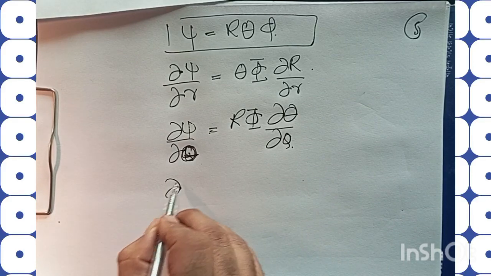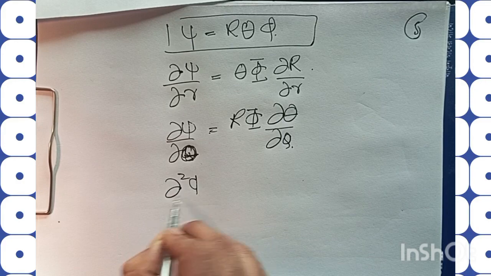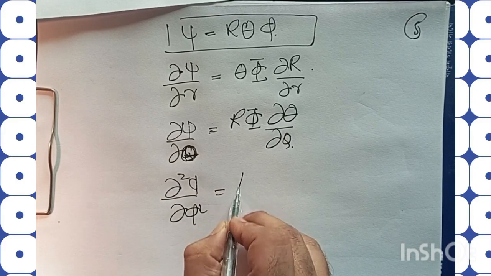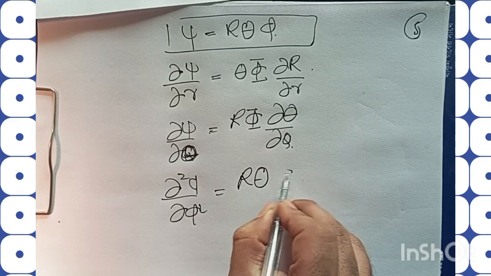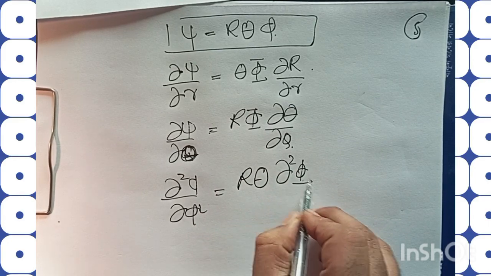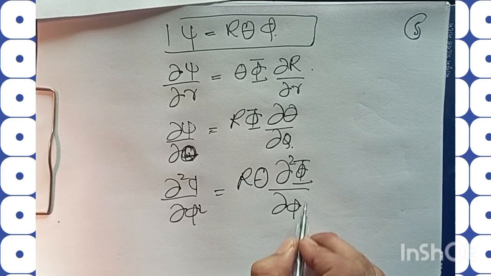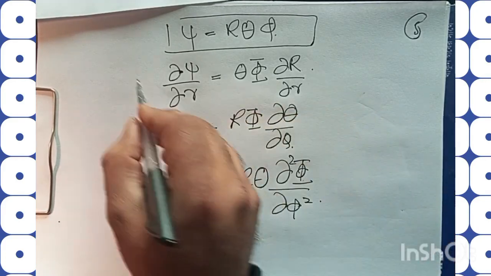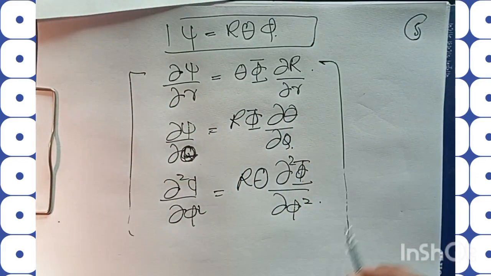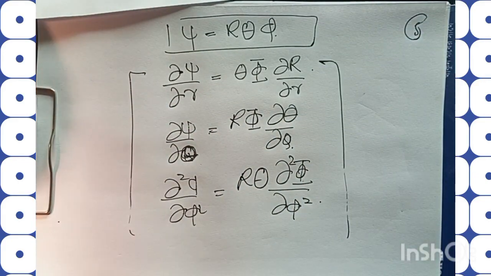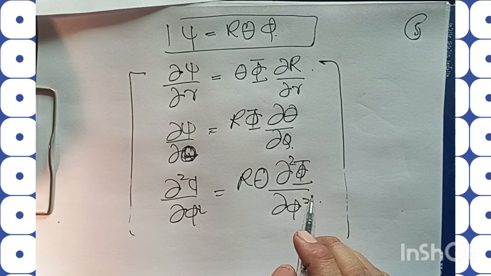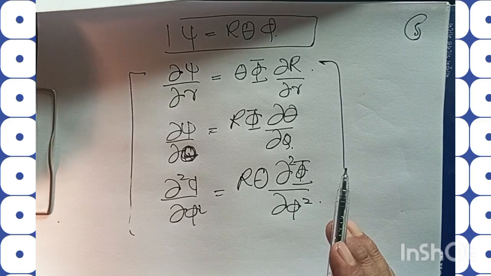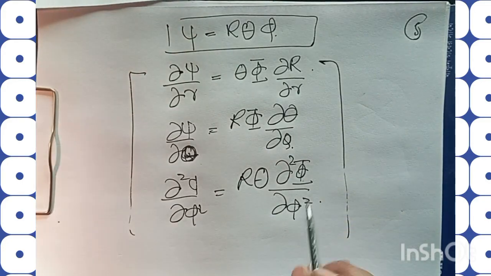And we can have the double derivative, say dou 2 psi by dou phi 2, and that will be R Theta dou 2 Phi divided by dou small phi 2. So this set of equations is what we have to use in the Schrodinger equation in spherical polar coordinates.